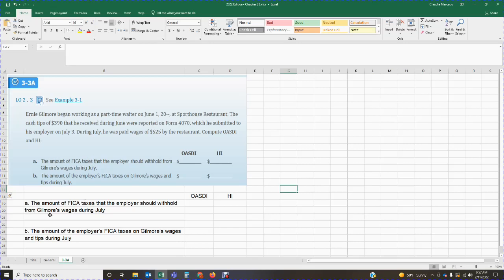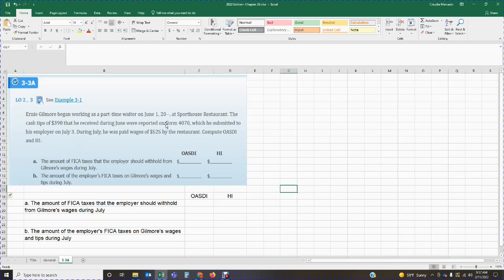Let's look at requirement A. It says the amount of FICA taxes that the employer should withhold from Gilmore's wages during July. So this is the amount that we are going to retain from the employee's paycheck. Now, the key is we need to figure out how much of the wages earned by this employee are taxable, so we can calculate the OASDI and the HI.